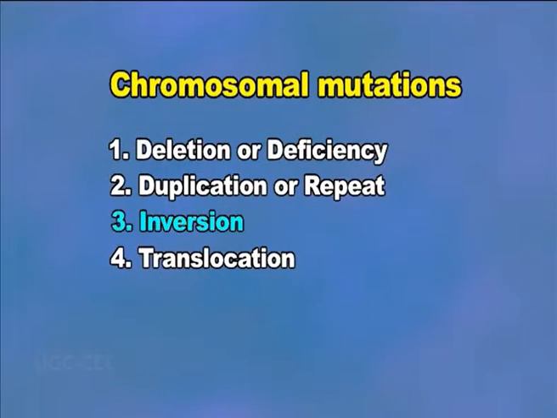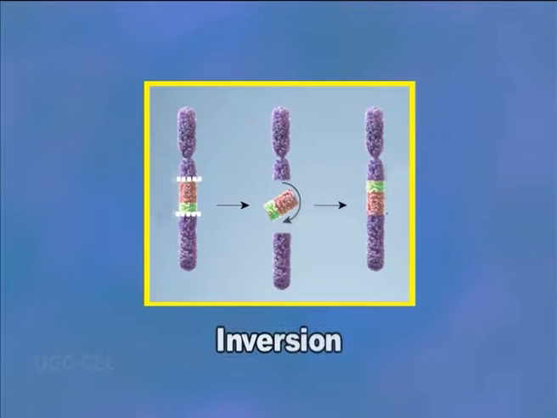Number 3, inversion. Sometimes the number of genes in a chromosome is not changed, but the sequence of genes is altered by the rotation of the gene block within a chromosome by 180 degrees.